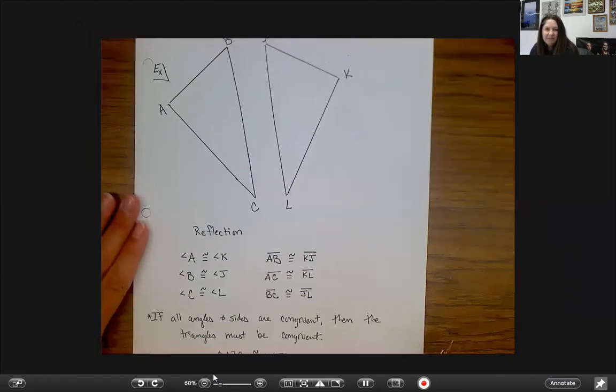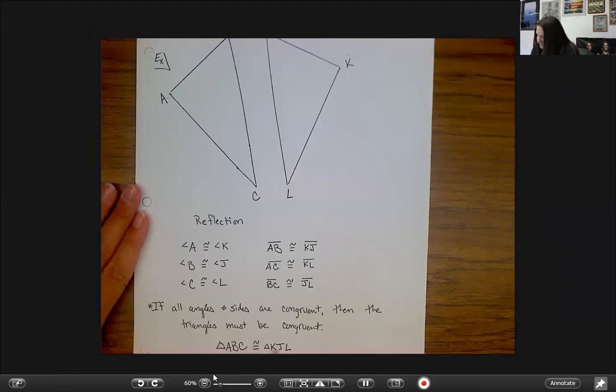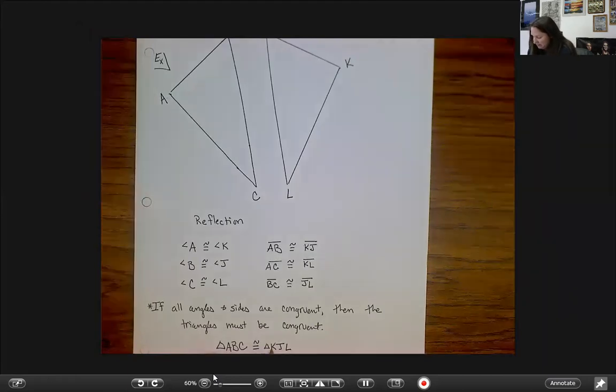But what you want to make sure of when you're writing this congruency statement is that the angles are written in the order in which they correspond to each other. So I started with angle A in this triangle. Well, A was congruent to K, so then K has to be my first letter over here.